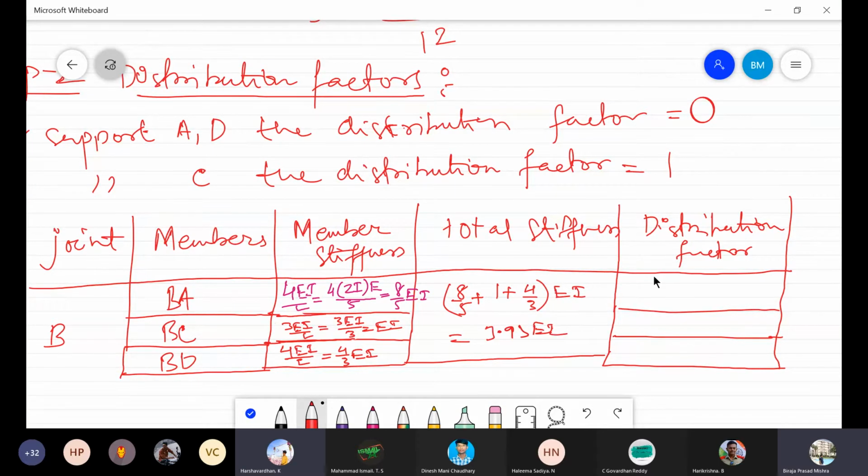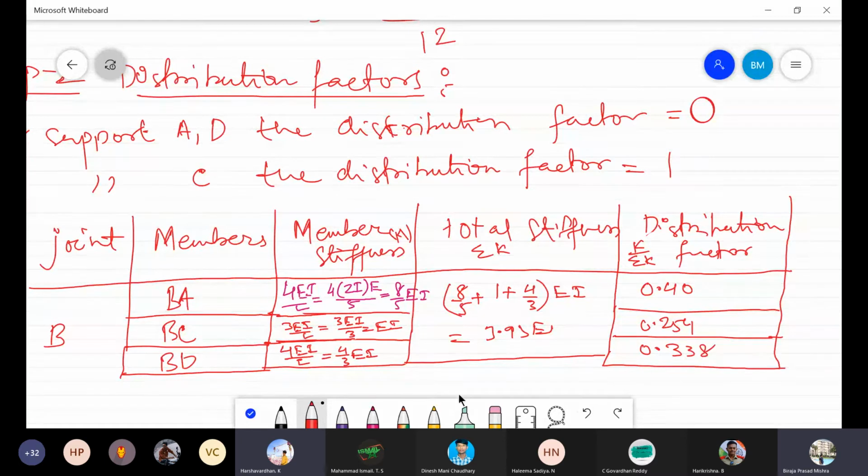Okay, so the distribution factor will be K by summation K. This is K and this is summation K. So please calculate how much each will be. 0.4, 0.25, 0.33.